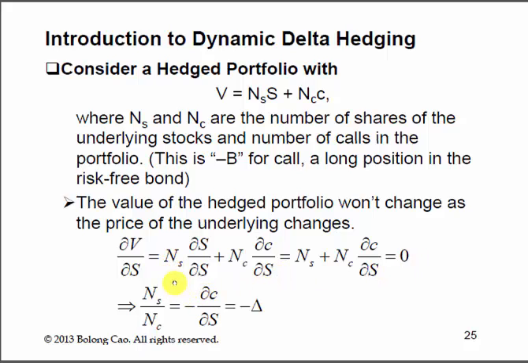So we have the number of shares of stock plus the number of shares in the call times this derivative, the change in the option premium over the change in the stock price, is 0. And this gives us the ratio between the number of shares you need to have in order to hedge the number of calls you have written: it is negative delta.